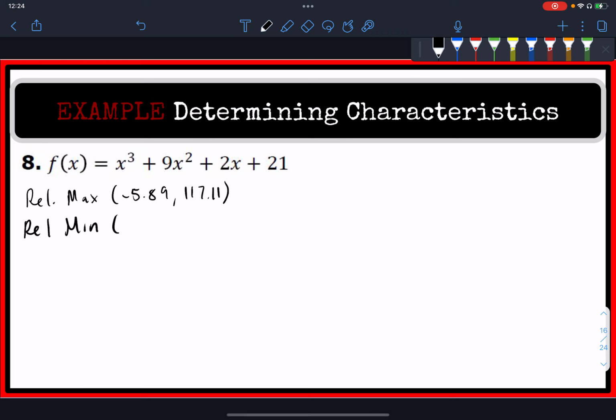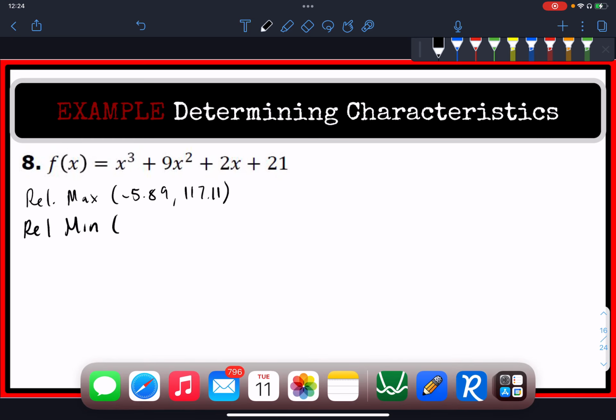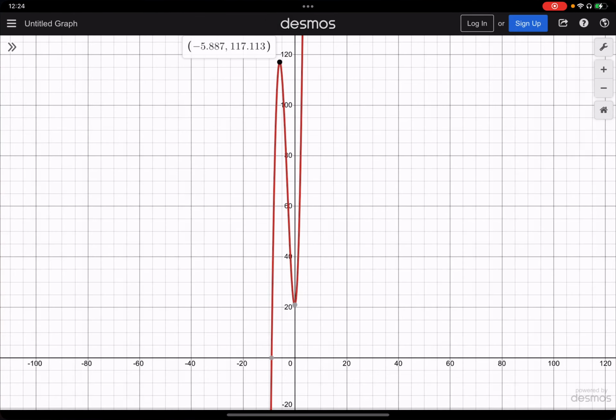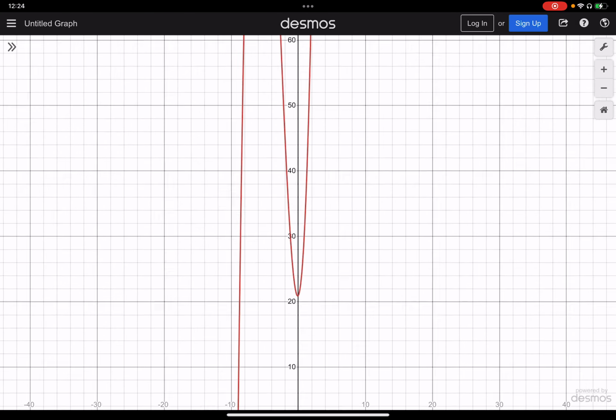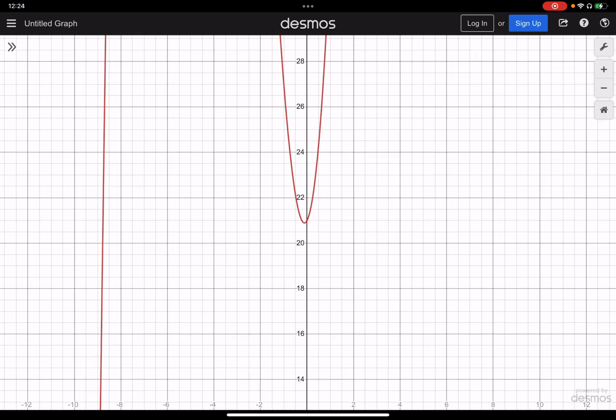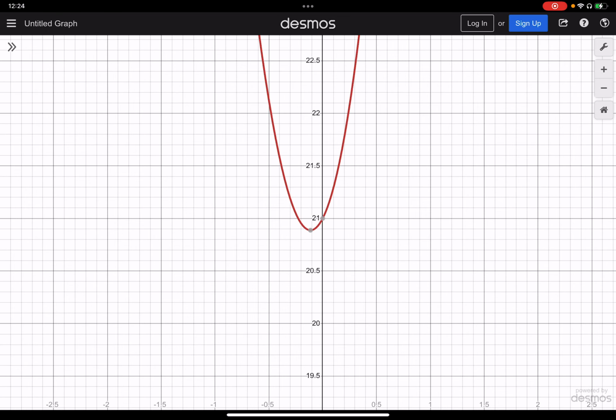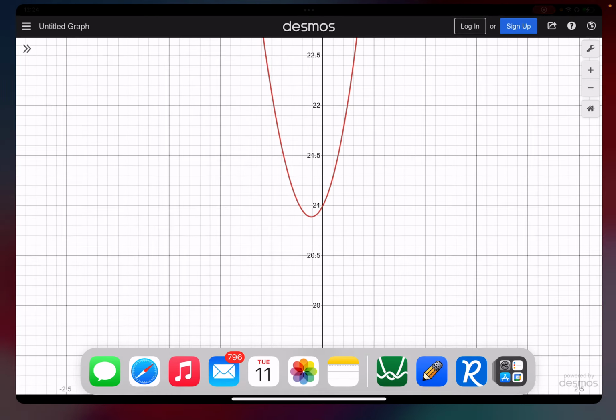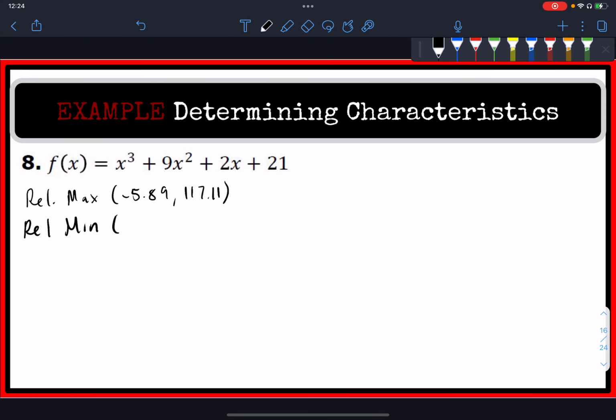And I have a relative minimum at, and I'm going to zoom in right there, down there. You could see that there's 2 points, and I have a relative minimum right there at negative 0.11 and positive 20.89.